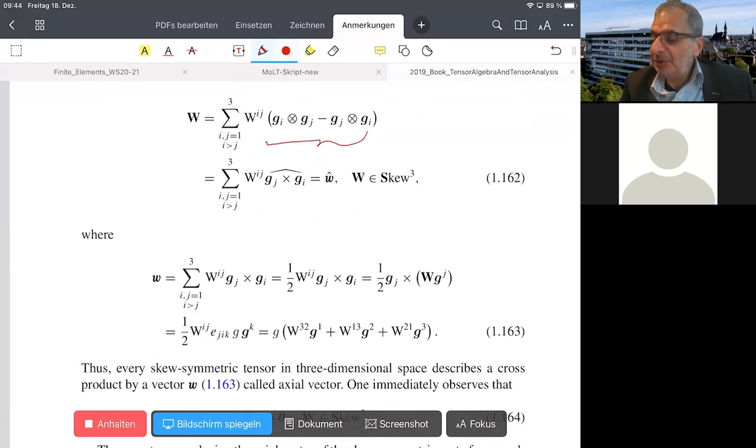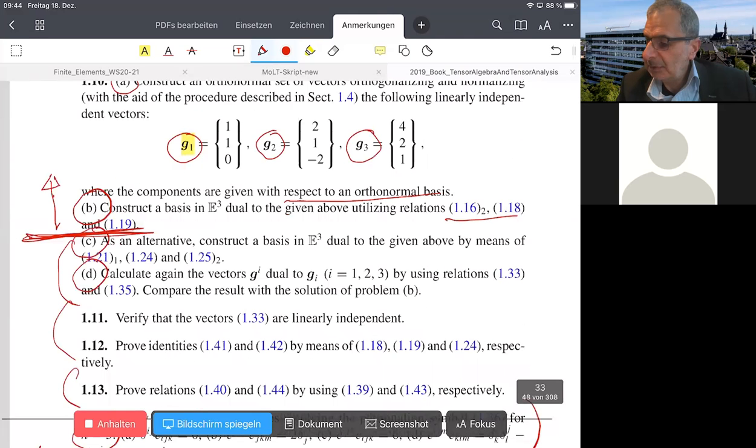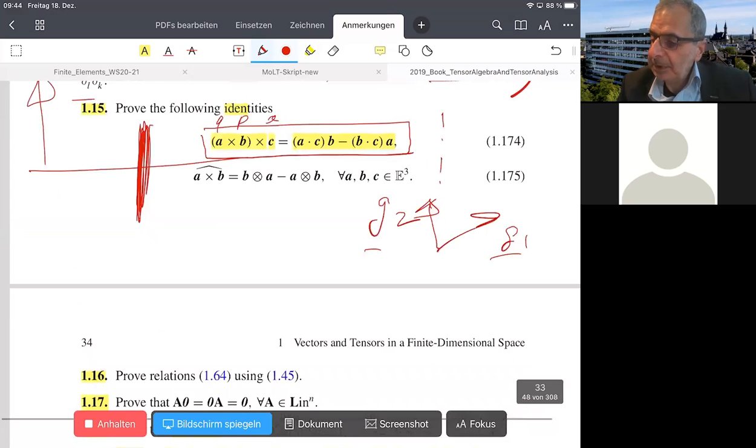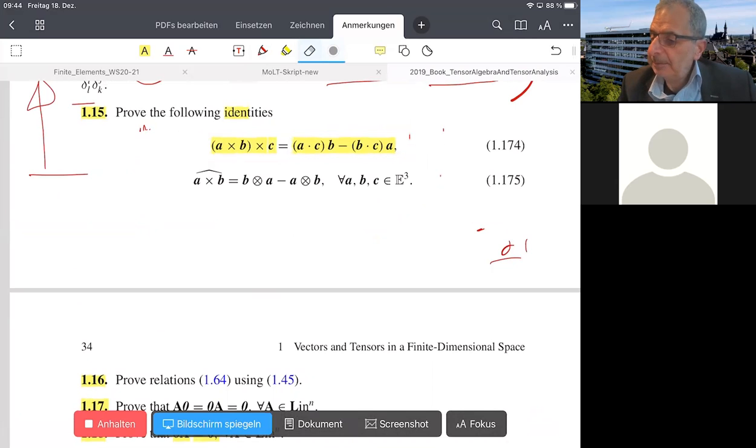Gi tensor product Gj, Gj tensor product Gi. You remember another form, this formula, A tensor product B minus B tensor product A, for skew symmetric tensors. You remember this formula? It was a formula at the end of this, I showed you this formula from here. This second formula here, right?